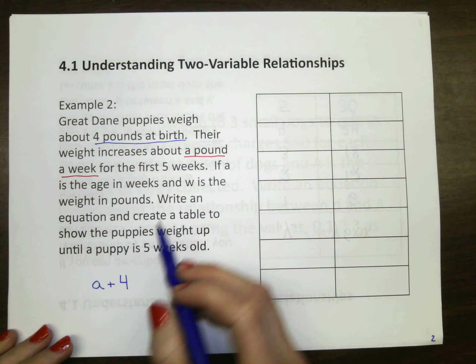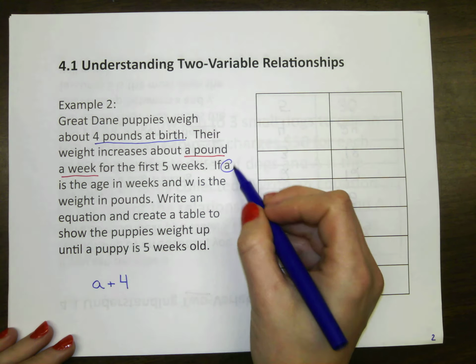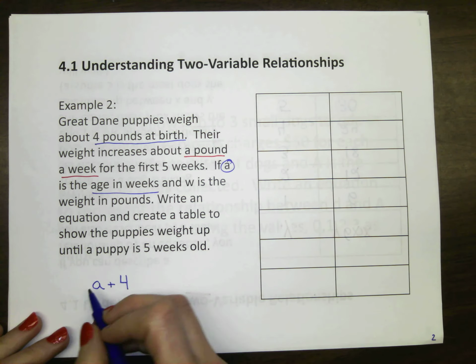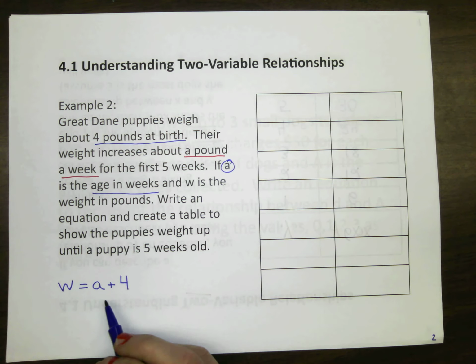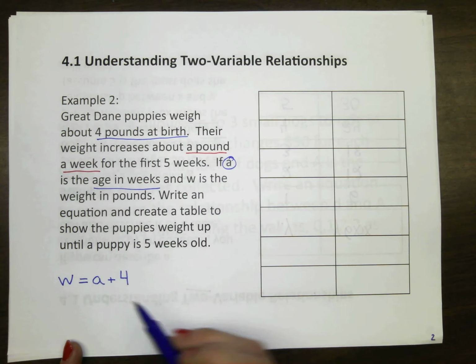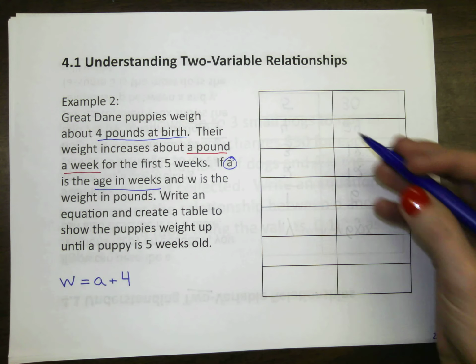So if A is the age in weeks, then that's going to equal the overall weight. Our equation is the weight equals the number of weeks, really the number of weeks times 1, but we don't need to write the 1, plus 4.